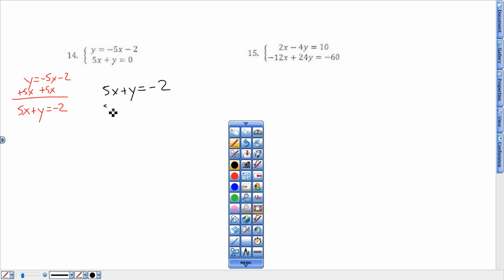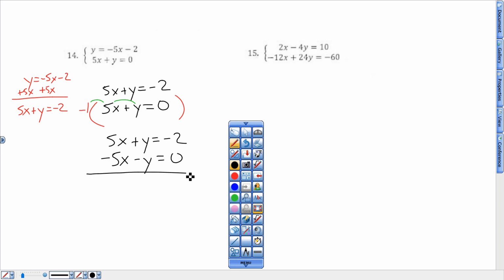That bottom row I got 5x plus y equal to 0. What you want to do is make one of these variables be negative by timesing a whole row by negative 1. I'm going to times that all the way through. That's going to give me 5x plus y on top equal negative 2. On the bottom, I'm going to get negative 5x minus y equals 0.